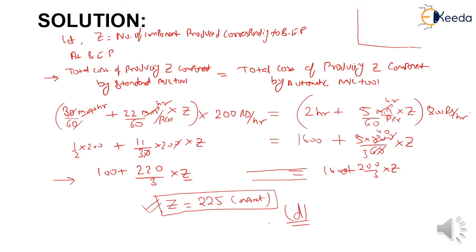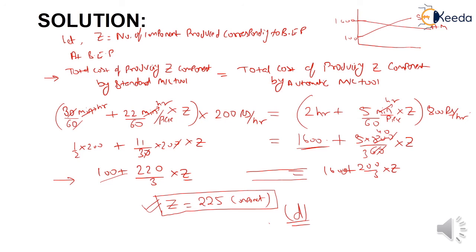The fixed cost of the standard machine tool is 100 rupees, so here it is 100, and draw the total cost line of the standard machine tool. And what is the fixed cost of the automatic machine tool? It is 1600. Here it is 100 and here 1600. This represents the standard machine tool, and this represents the automatic machine tool.